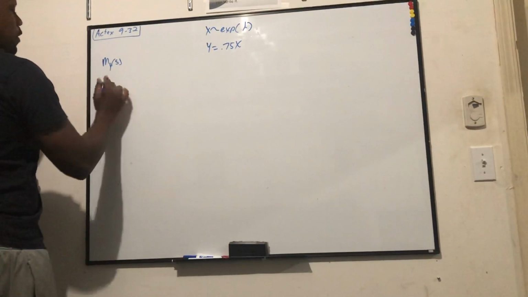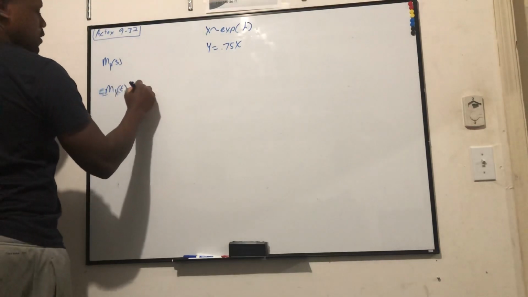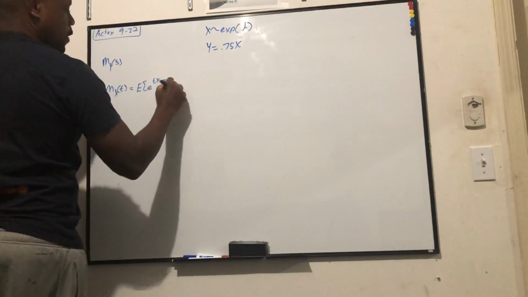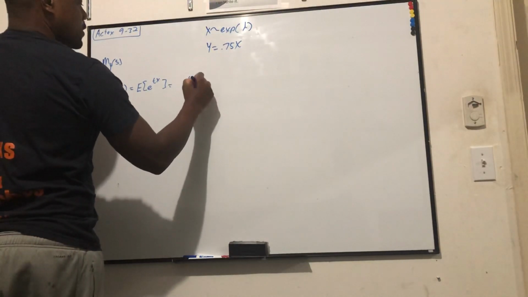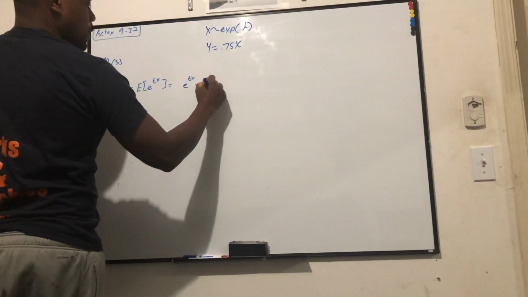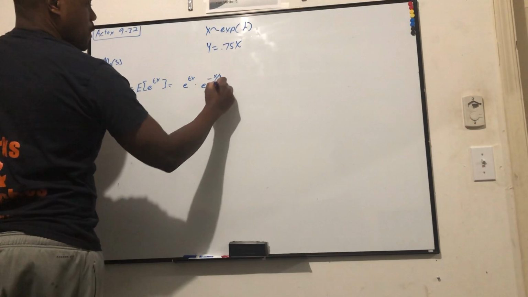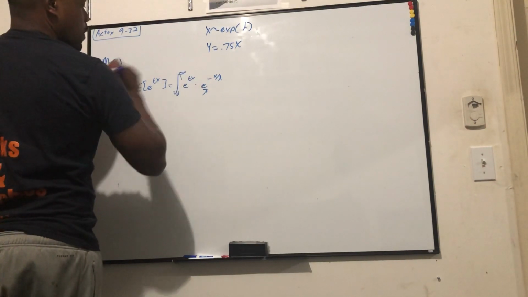So first of all, let's just say this. The moment generating function of X, at t, is equal to the expectation of e to the tX, right? And that is e to the tx times its probability, right? Its probability is from 0 to infinity.